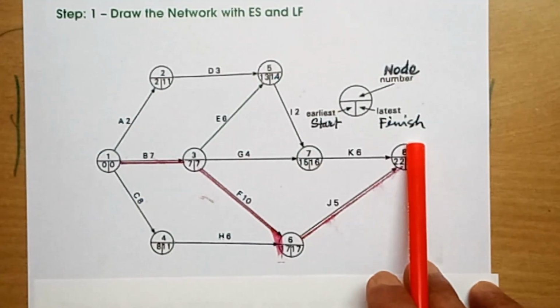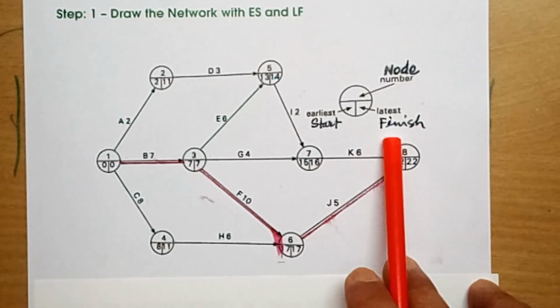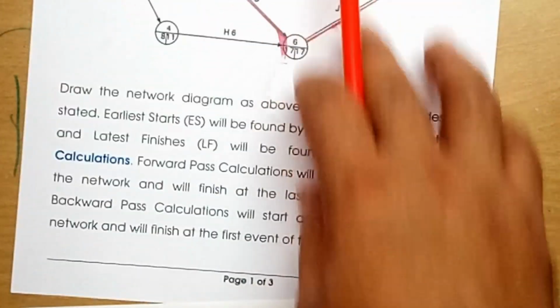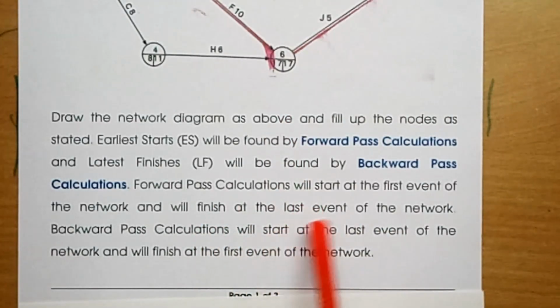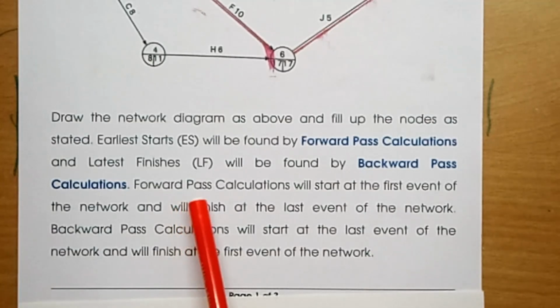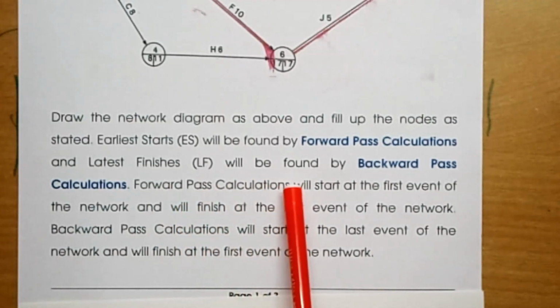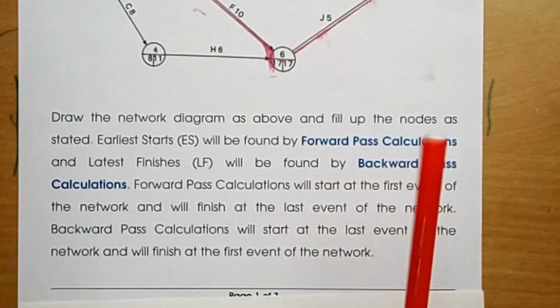But the point is, how to find out the earliest start and latest finish? We'll see that. Draw the network diagram as above and fill up the nodes stating earliest start and latest finish found by forward pass calculation.